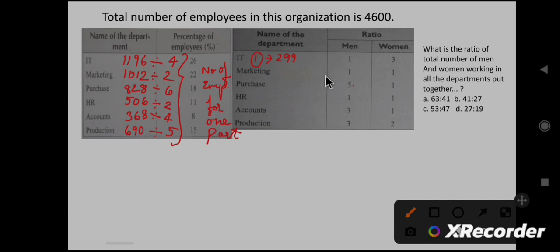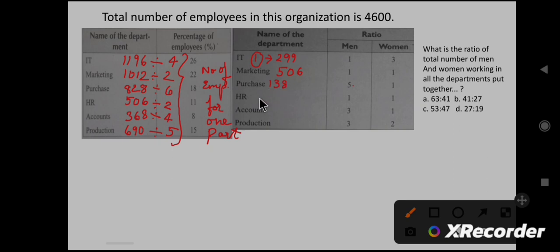So what you will get as answer? For one part, for IT you are getting 299. For marketing, if we do 1012 divided by 2, we will get 506. For purchase, if we do 828 divided by 6, we are getting 138.